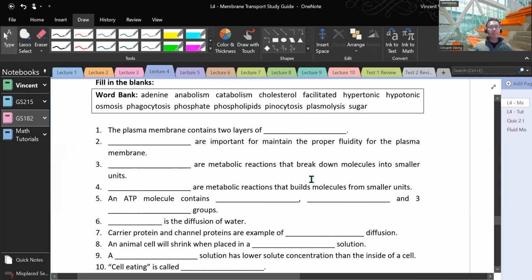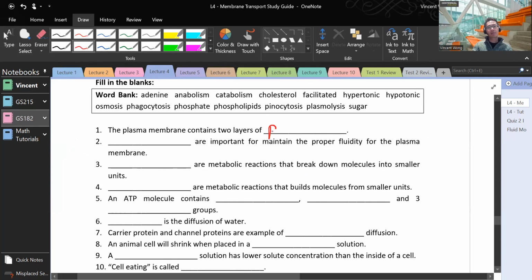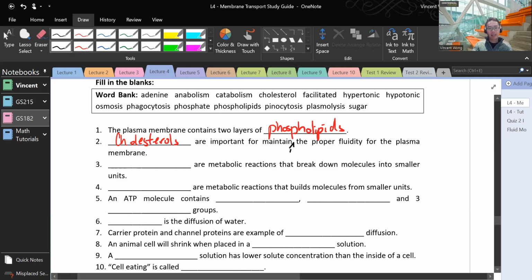The plasma membrane contains 2 layers of, the answer is phospholipids. Cholesterol is important for maintaining the proper fluidity of the plasma membrane.